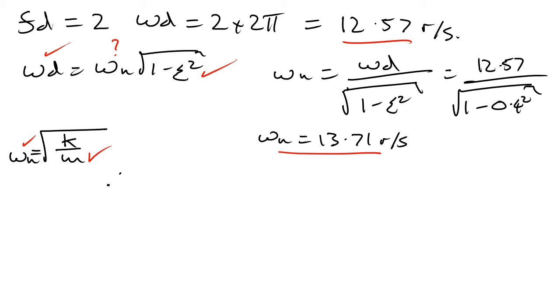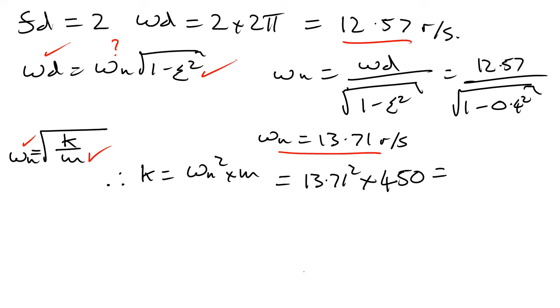So k is going to equal omega n squared multiplied by m, which equals 13.71 squared times the mass, which we said was a quarter of the mass of the car, 450. So my k value I get to be 84.6 times 10 to the 3, so it's kilonewtons per meter. So there's my spring stiffness that I need.